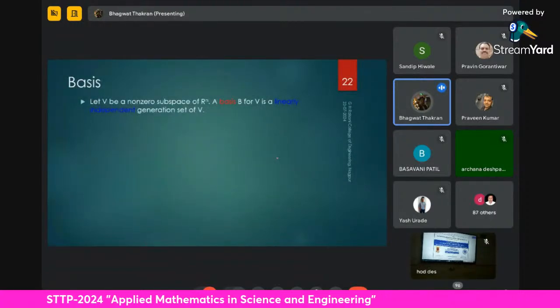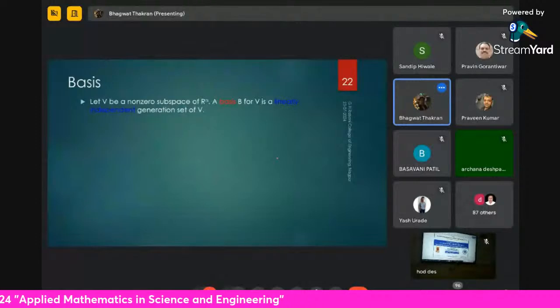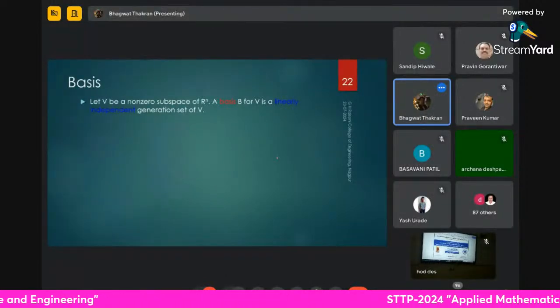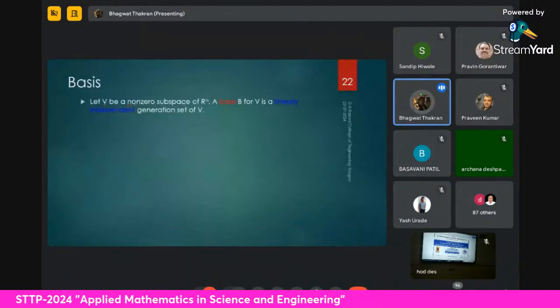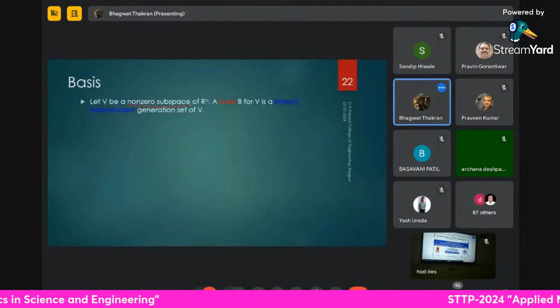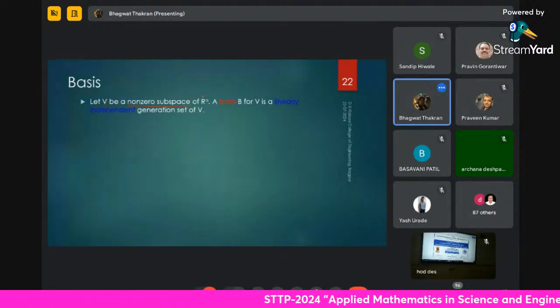Basis. V is a non-zero subspace. Now see, we are considering a non-zero subspace of the space Rn.